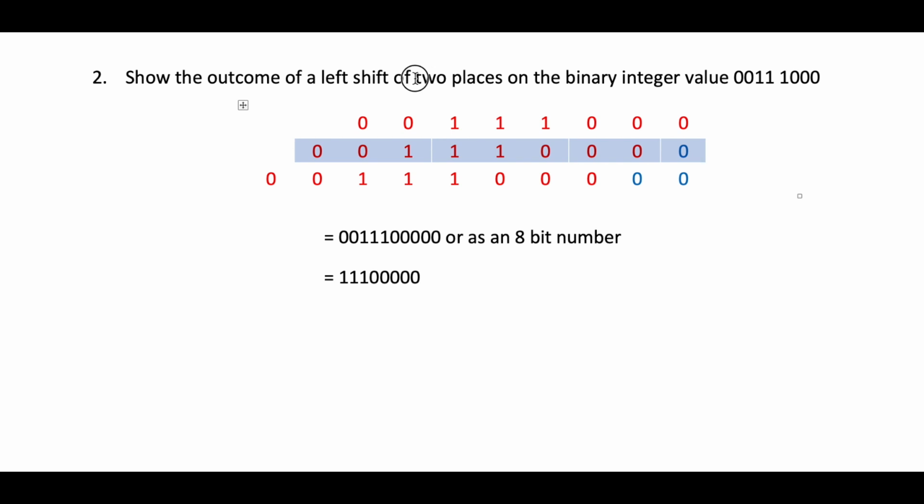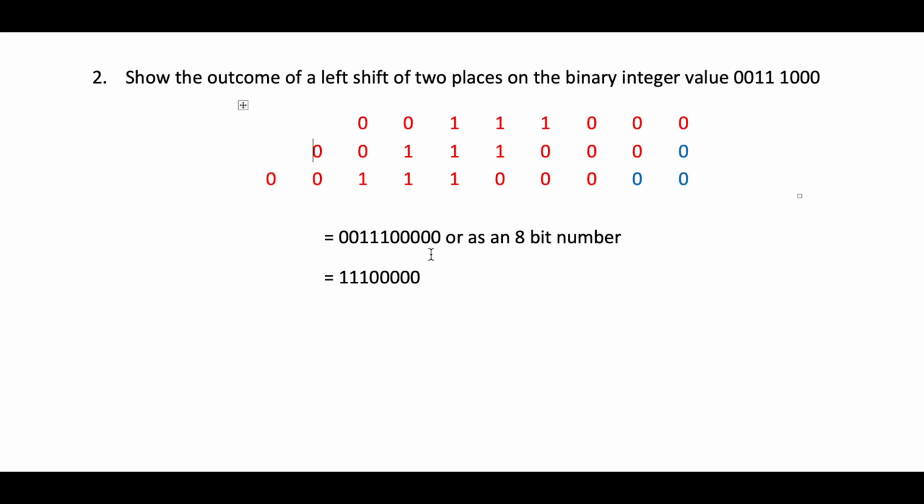The question is asking us to do a 2-place shift operation to the left, so we need to perform the operation again. Each digit is moved down one place to the left, until we get to the end where this blue 0 moved down to the left, creating a space, so we've had to insert yet another 0.